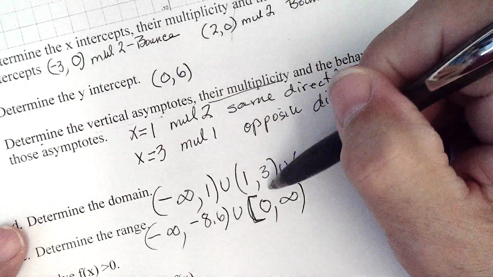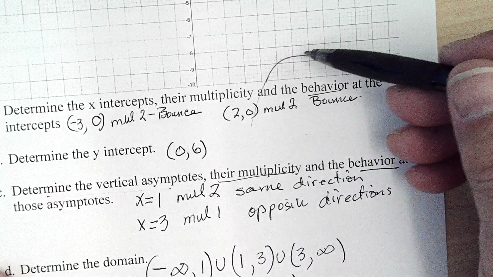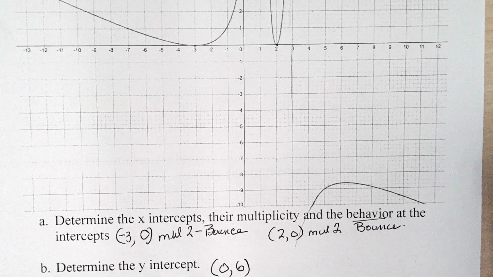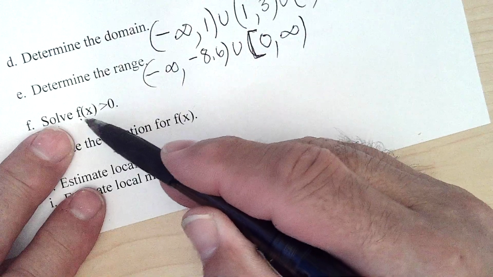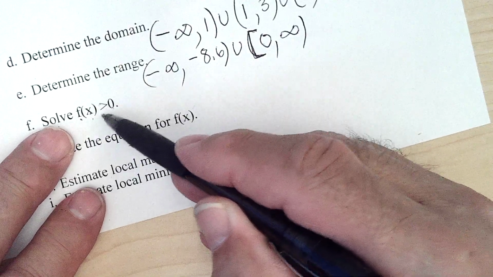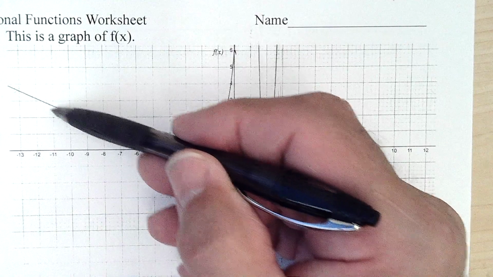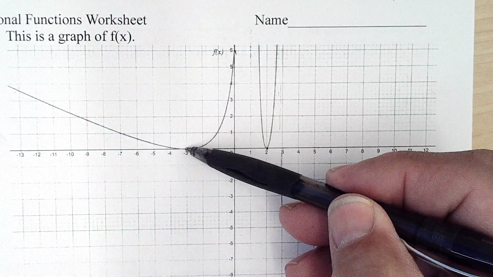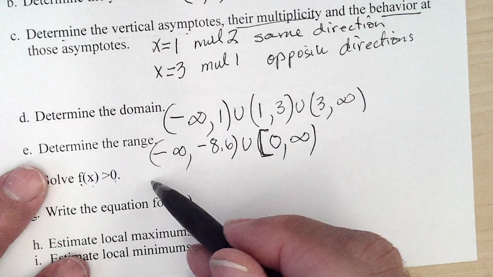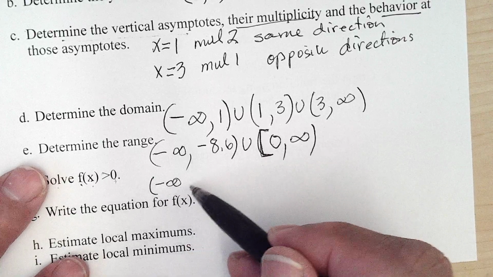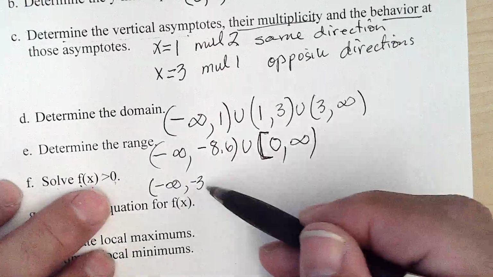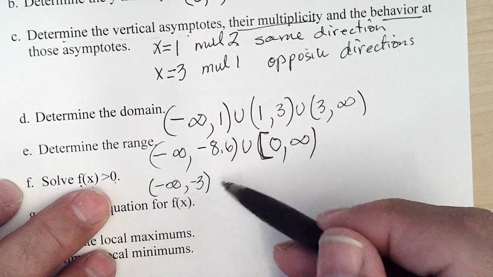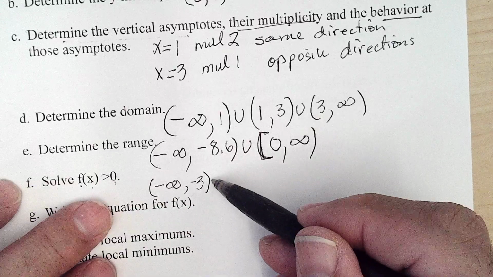And then they start from negative infinity and come up and get to there and then go back down. So for what x's are the y values positive? The y values are all positive all the way up till negative 3. So for x from negative infinity to negative 3, it's positive. At negative 3, it's 0, so I can't include it. It's not greater than 0.